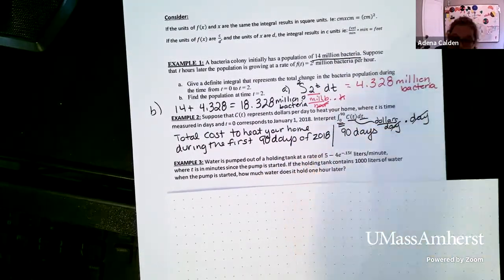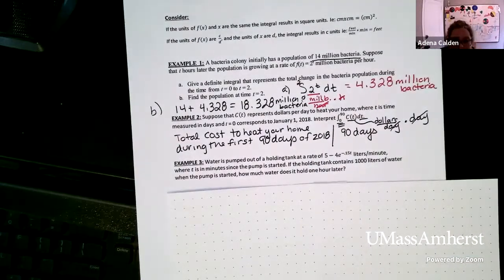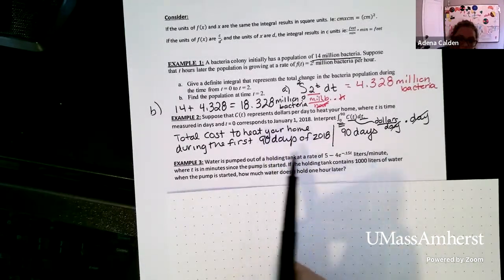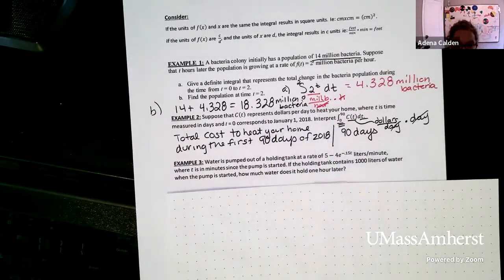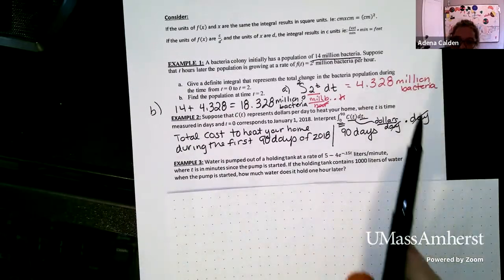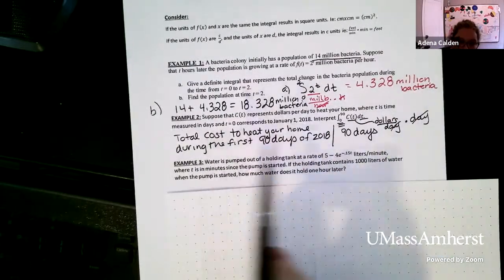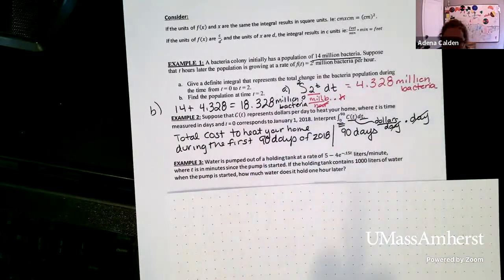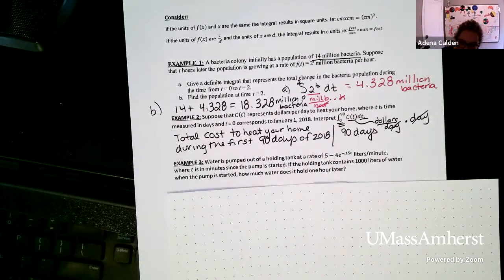And of course, this is just one way you can write a sentence to represent this. The key things that you want to have here is that we're talking about 90 days, specifically the first 90 days of 2018. And we're talking about the cost or the number of dollars to heat your home over that time period. So your sentence may not look exactly like mine, but if it has the same elements with the numbers with the right units, then you're in good shape.